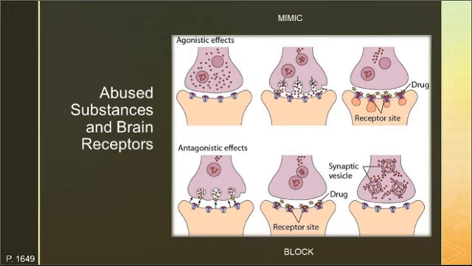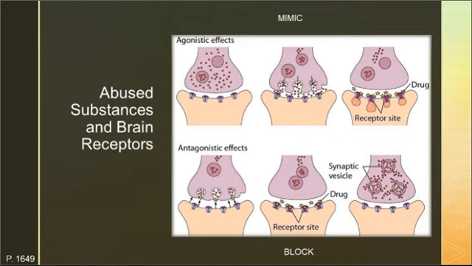Abuse substances and your brain receptors. This is a picture that you will see on 1649, figure 22.1, action of abuse substances at brain receptor sites. The receptor sites are either mimicked or blocked, just like every drug, every pharmacological agent we have learned about.